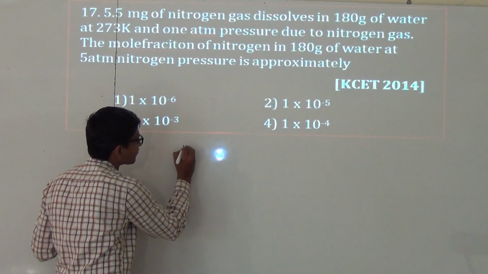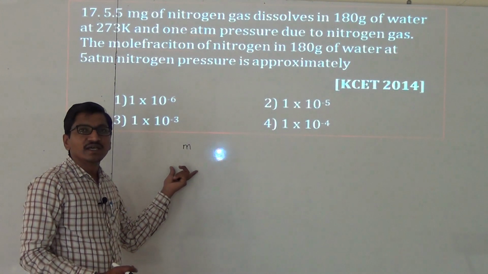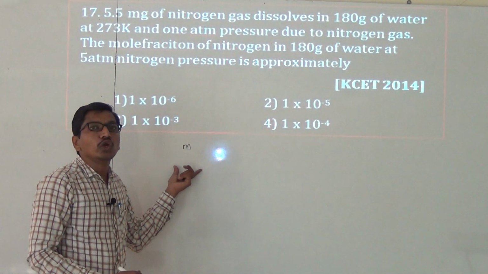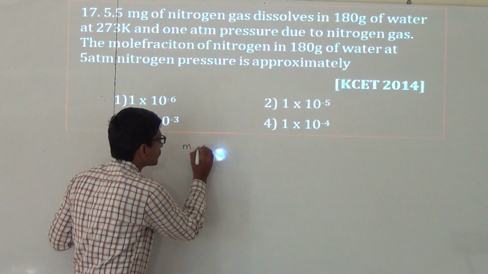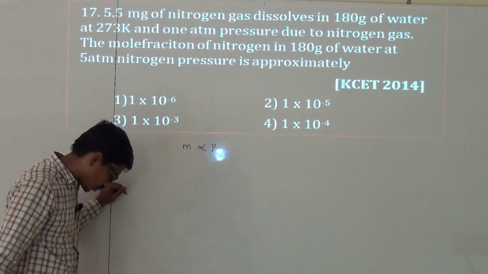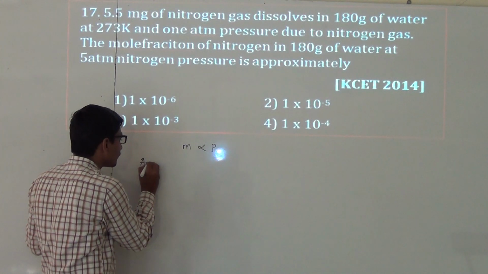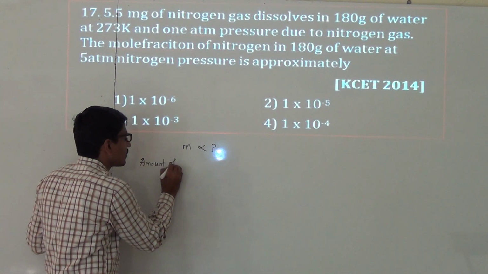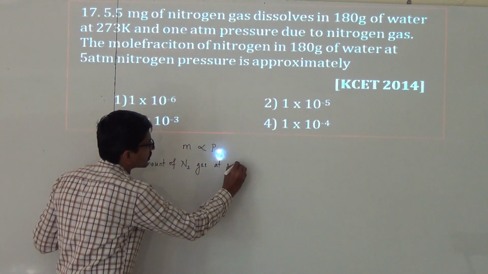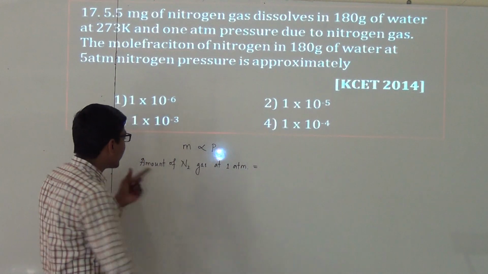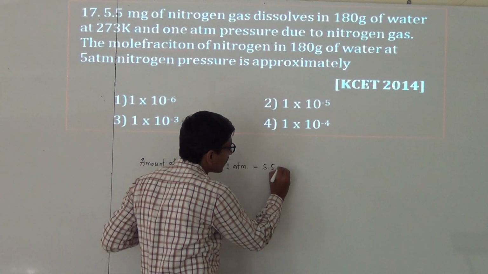Henry's law: the mass of gas dissolved in a given volume of liquid is directly proportional to pressure. In this, the amount of N2 gas at 1 atmospheric pressure is given, that is 5.5 milligram.